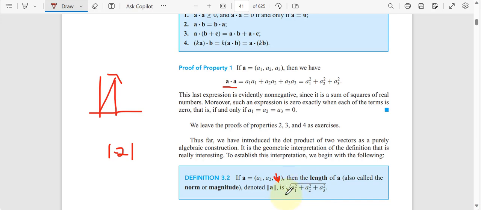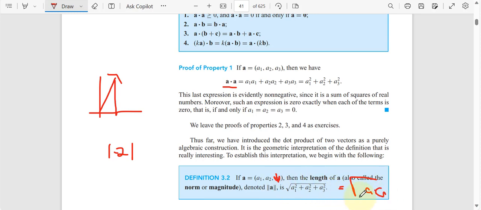So what can we do? We can say, well, the magnitude of this vector A, which we denoted by this, and which we defined like this, but this part inside is just this part here, which we wrote as A dot A. So we can say that this is equal to the square root of A dot A.